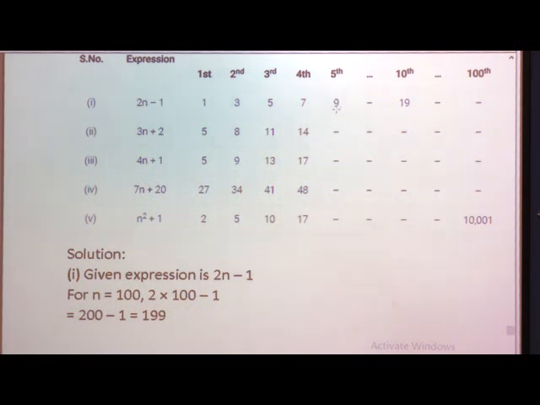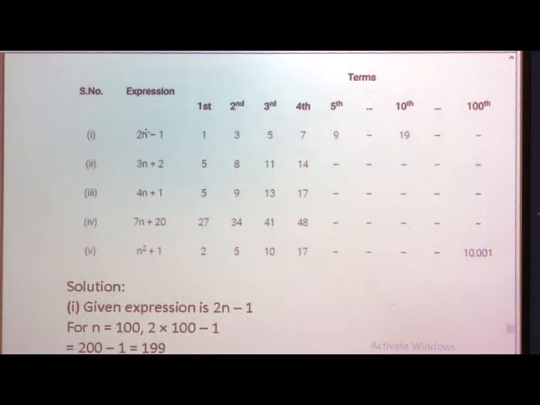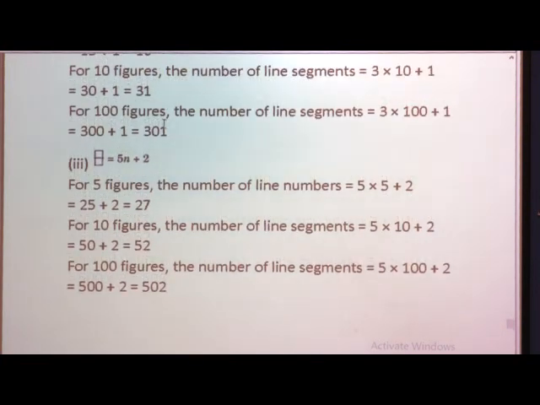Here it is the 5th, 10th and 100th term. So, in this way we substituted the values and found the values of it. So, in this way we completed this tabular form, which were the patterns we had learned.